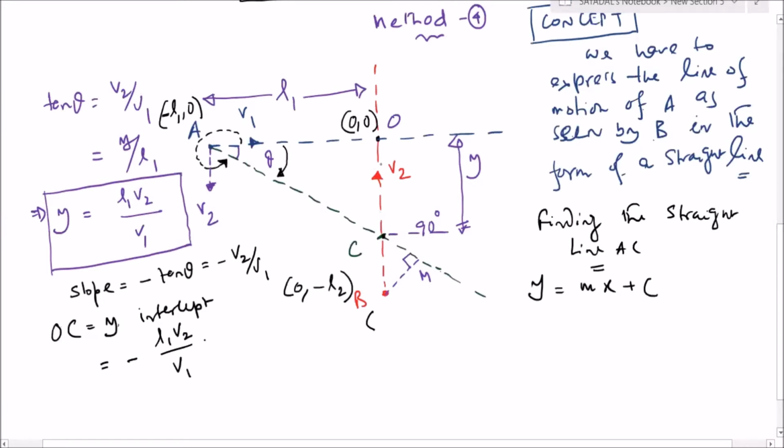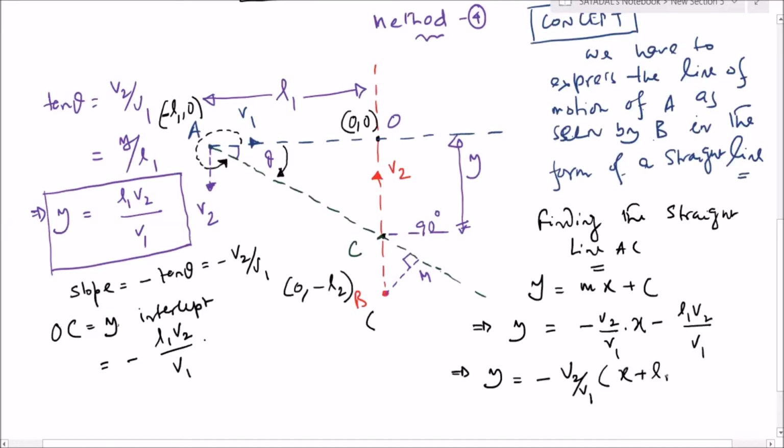This is along the negative y-axis, so this is negative. Now put these two values here. So y is equal to m, that is minus v2 by v1, times x only. C means minus L1 v2 by v1. So y is equal to minus v2 by v1, you take common, x plus L1.